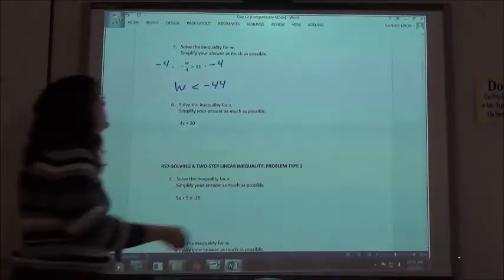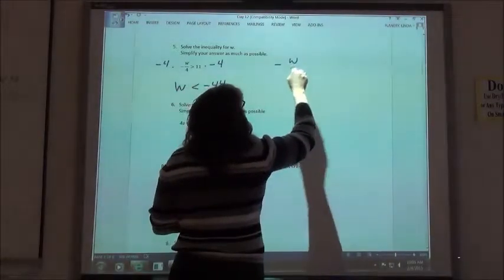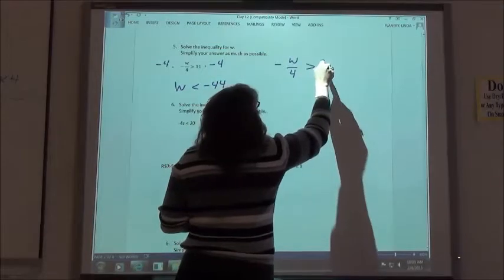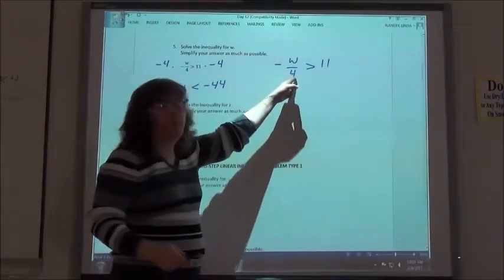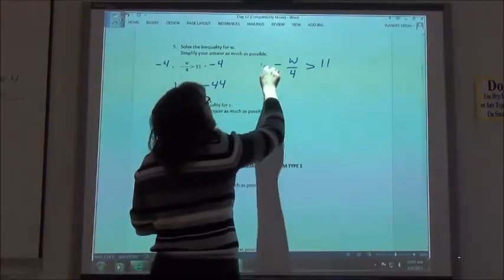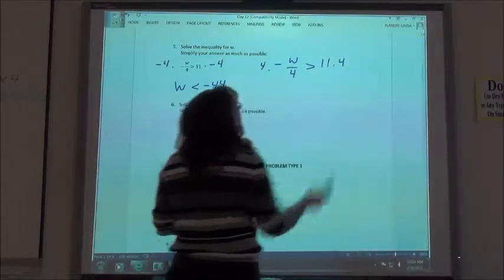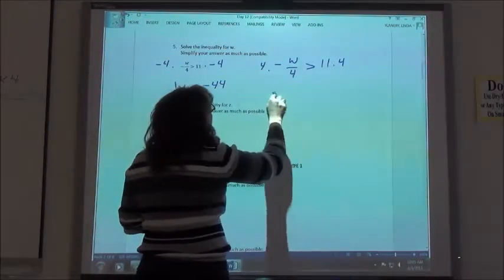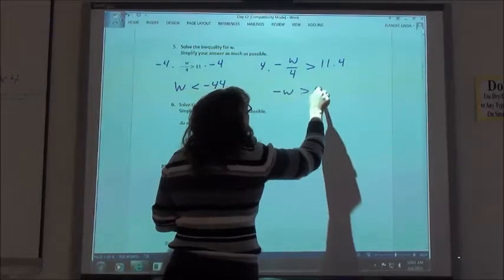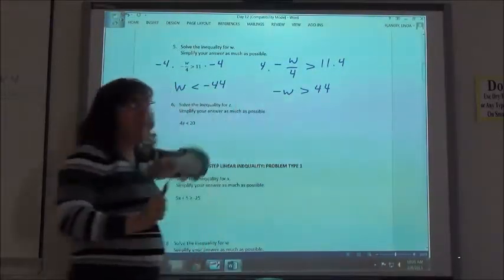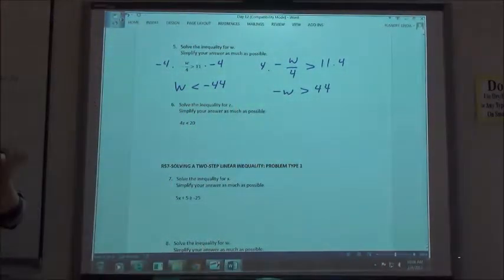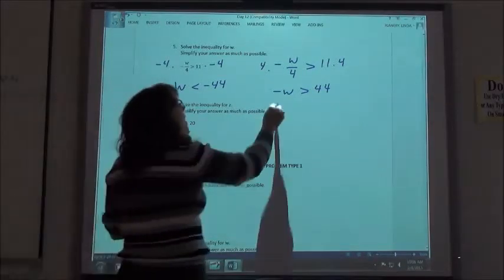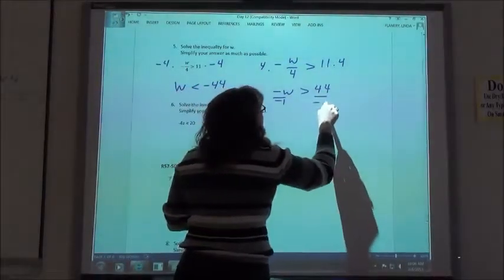Some people do it this way, just for an example, because it's perfectly legitimate to do. They say, oh, I got to multiply by the 4, and they just multiply by 4. Well, if I multiply by the 4, I'm not changing my sign. I would say negative w is greater than 44. However, then they have to get rid of that negative, so they end up having to divide by negative 1. Now I'm dividing by that negative.